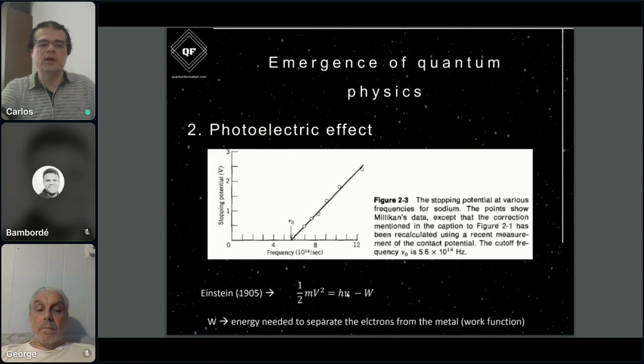So if this part is bigger than W, the electron will be emitted. Okay, so what Einstein did, he just used Planck's idea to say, look, this is not inside a box anymore. This is just a metal, and light comes into the metal, I mean the sodium here.